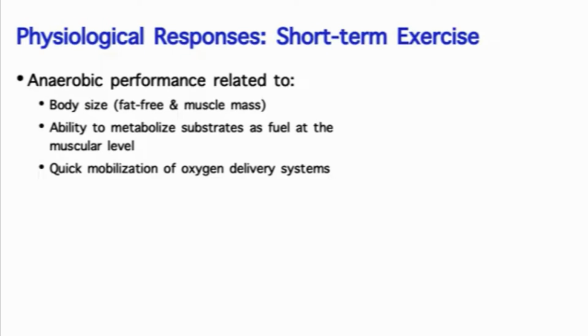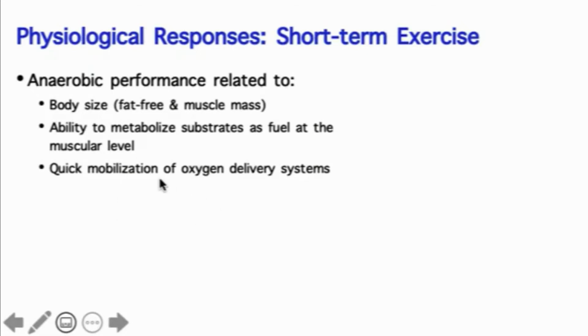Anaerobic performance is also related to quick mobilization of oxygen delivery systems. So there are different shuttles in our body that mobilize oxygen to different areas of the body, and if we are able to mobilize those oxygen delivery systems, those are also related to anaerobic performance, which seems a little bit counterintuitive, because we're like, oh, anaerobic performance does not rely on oxygen. It doesn't solely rely on oxygen.